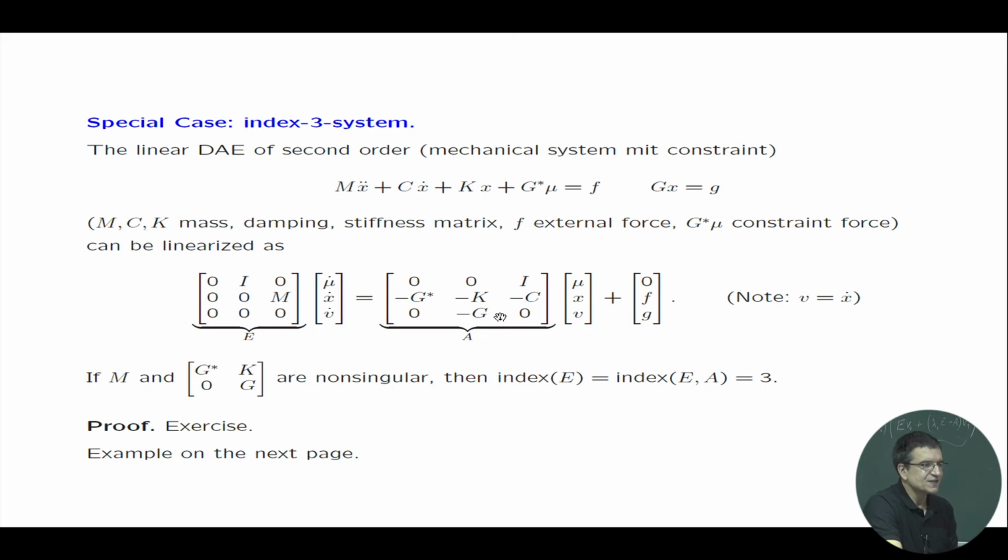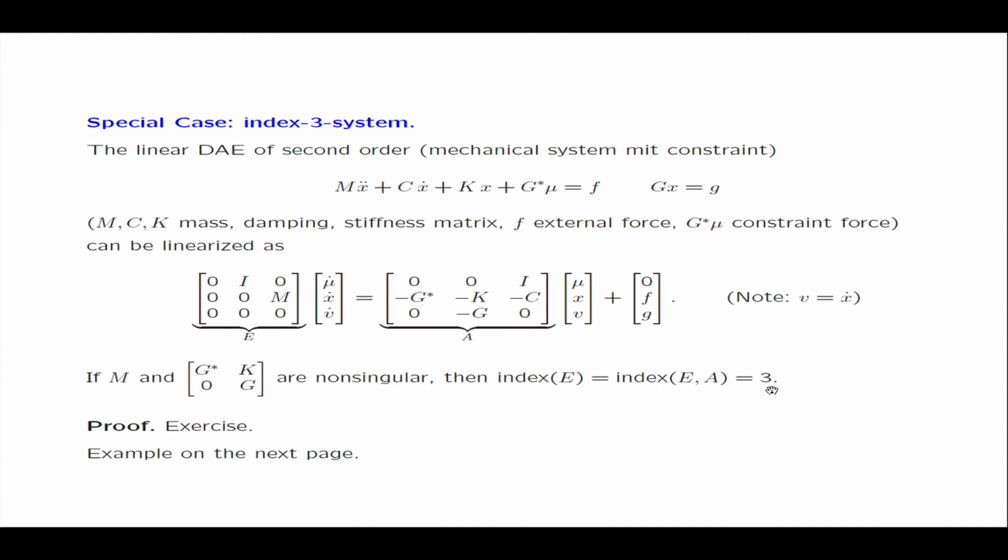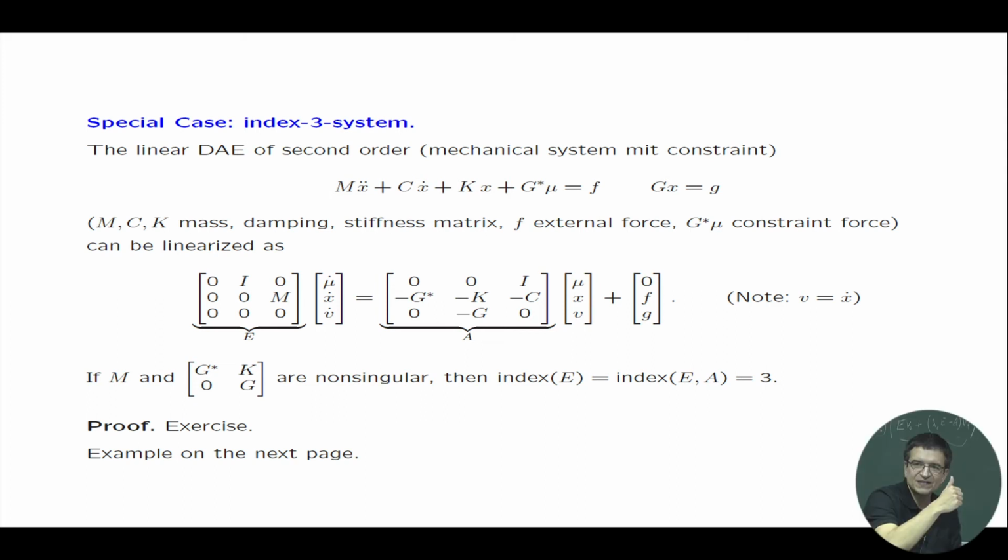Then it turns out that this is a differential algebraic equation of index 3. That means if we compute the Weierstrass form, then the nilpotent matrix is a matrix of index 3. That means N is non-zero, N squared is also non-zero, but N to the power 3 is 0.